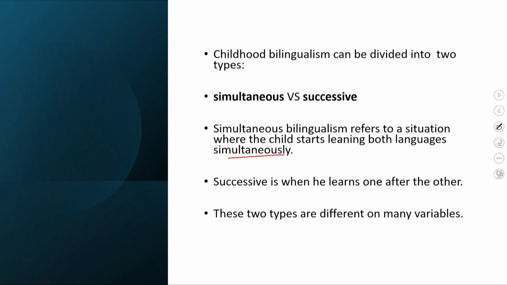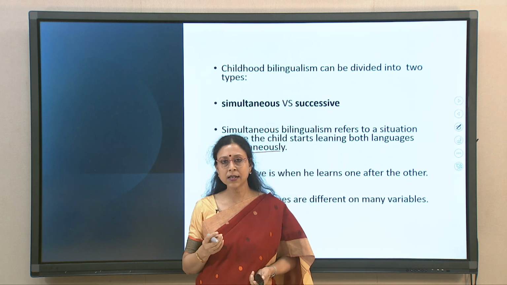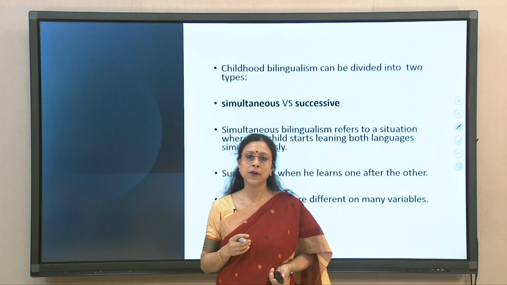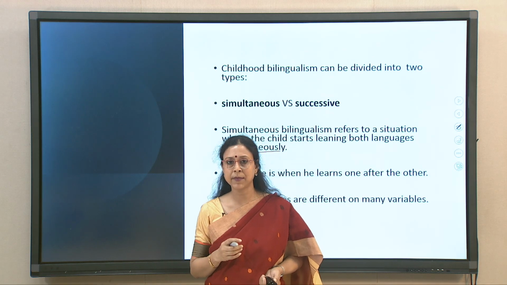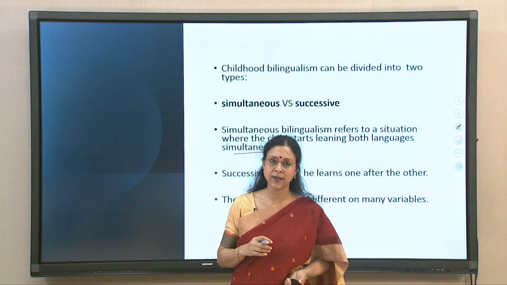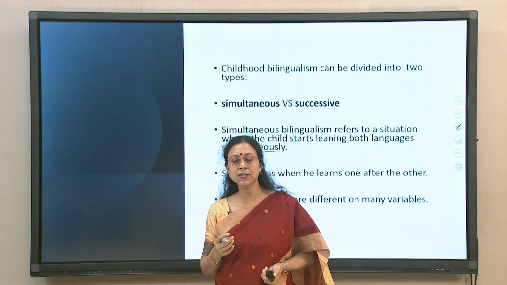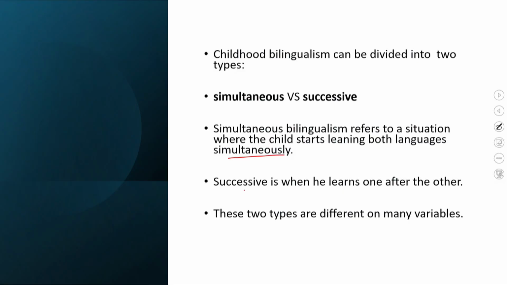That is why we call it simultaneous. They might be exactly at the same time, or slightly following one after another, but roughly we can still call them simultaneous. Successive is when the second language is learnt after the first, so, as the name suggests, one after another.